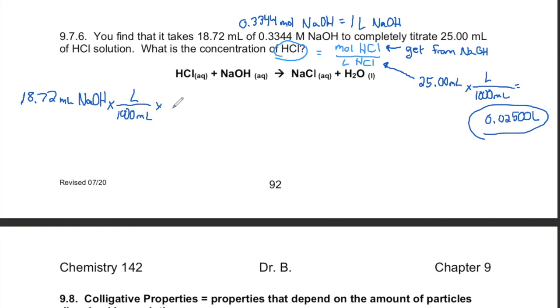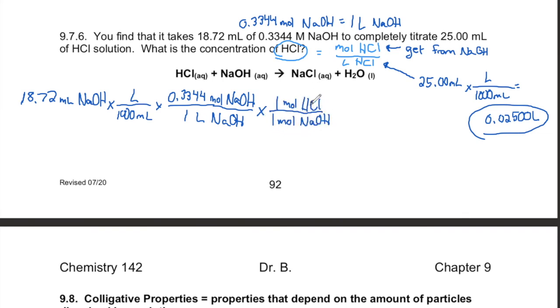Now that we have the liters of sodium hydroxide, we can use the molarity concentration to convert that volume into moles. Then we can use the molar ratio in our reaction to convert from moles of sodium hydroxide to moles of hydrochloric acid. And now we know our moles of hydrochloric acid to 4 significant digits.